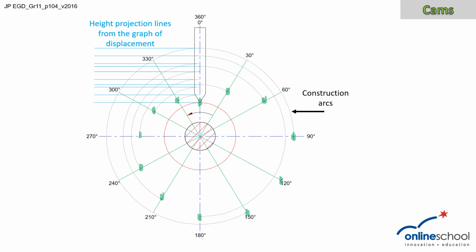So those reference points we clearly indicate with the wedge-ended follower. With the roller-ended follower, you can go and draw with your circle stencil the size of your roller around each one of those reference points to indicate the roller itself. And with the wedge-ended follower, we just have these reference points.